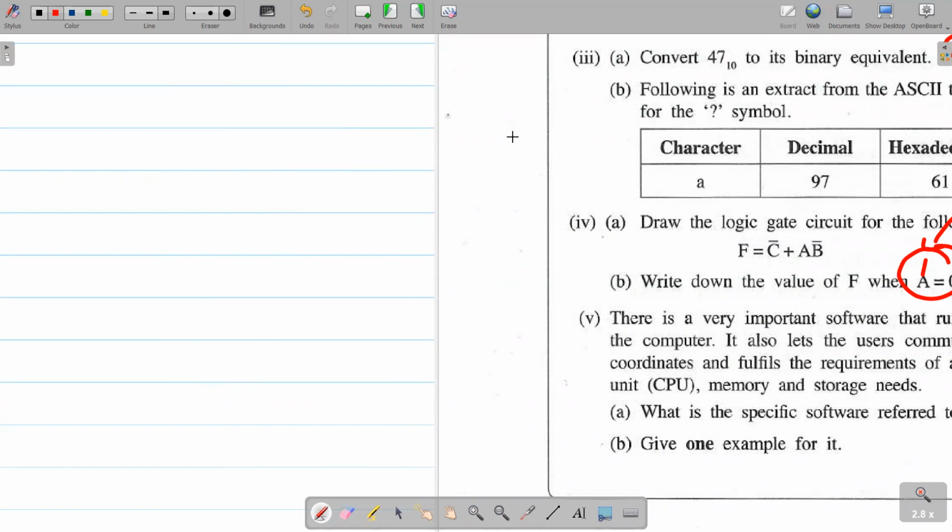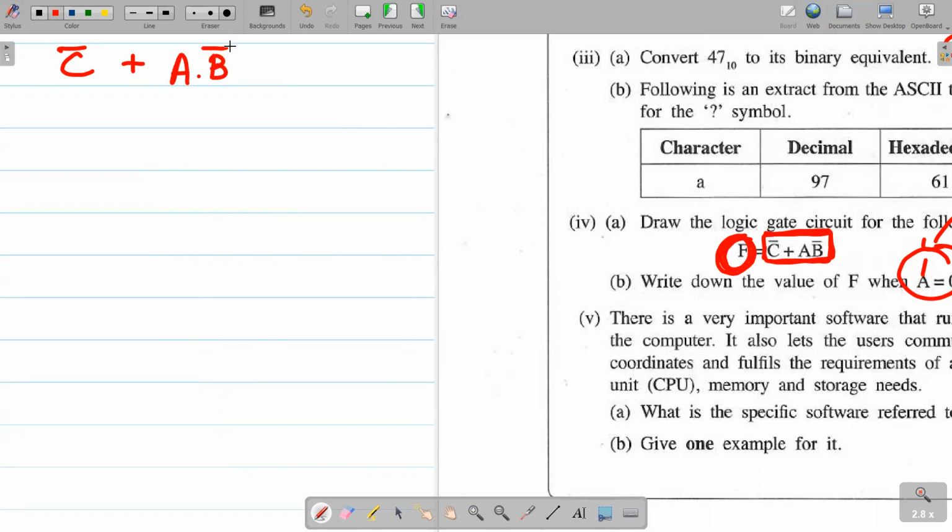Right now, in this expression, F equals C bar plus A dot B bar. Since it is an equation, you have to consider one particular side of the equation. So of course, we can't draw a circuit for F. So we are going to draw a circuit for C bar plus A dot B bar.